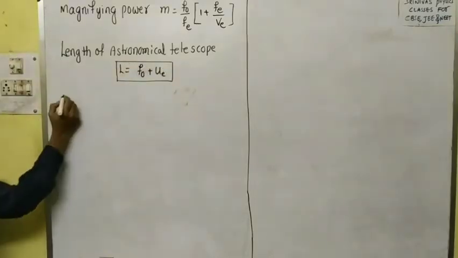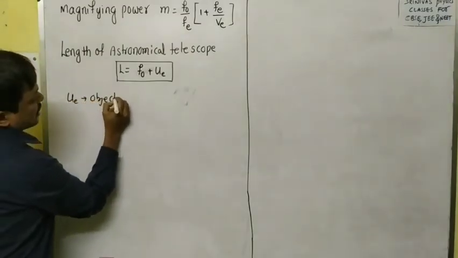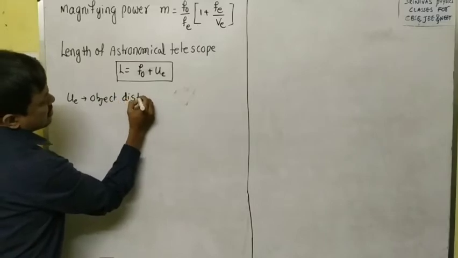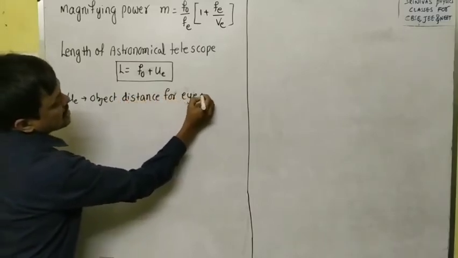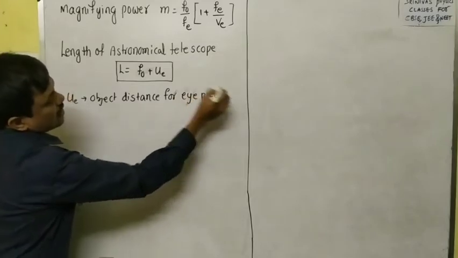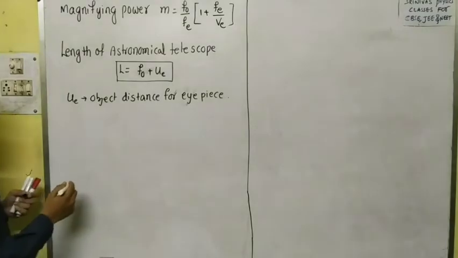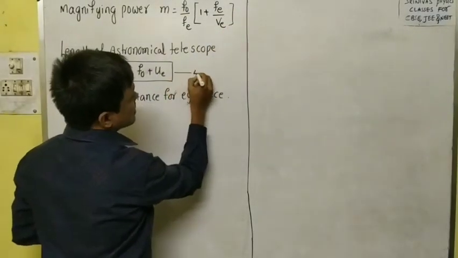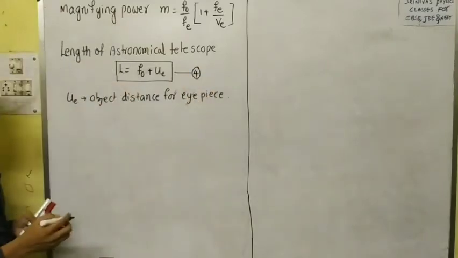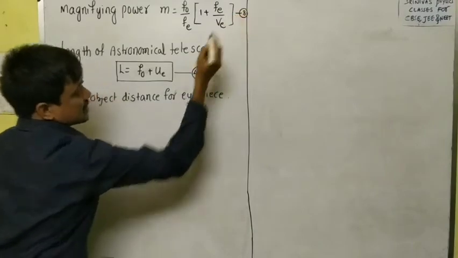What is Ue in this? Object distance for the eyepiece. Now, previously we considered equation 3; this we can consider as equation 4. And equation 3 we are writing again here. You see here, from equation 3 and 4.